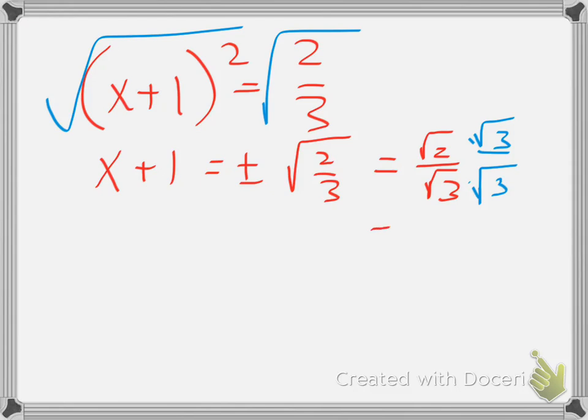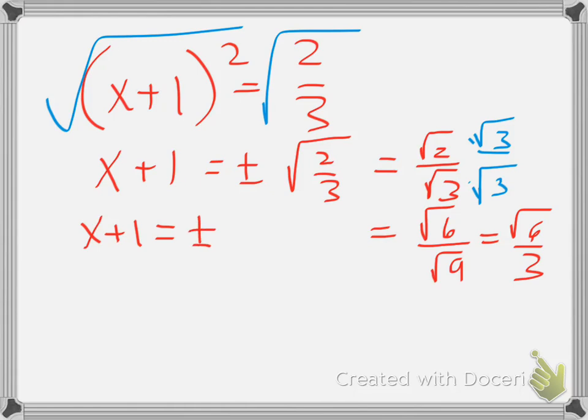And now I'll have square root of 6 over the square root of 9, which becomes square root of 6 over 3. And remember, since 6 is inside the radical, I cannot divide it with 3. I can't make it square root of 2. It's just going to remain square root of 6 over 3. So more specifically, I have x plus 1 equals plus or minus square root of 6 over 3.